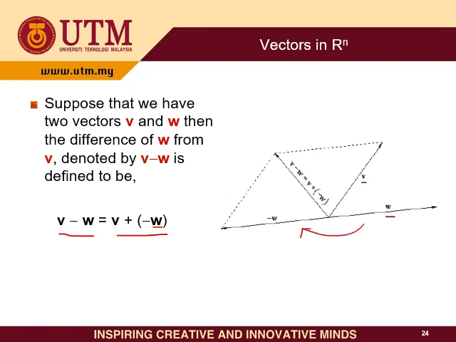The opposite of w. So this is our negative w. So v plus negative w. This is our parallel line for v. This is our parallel line for negative w. So this is the line. So v minus w equals v plus negative w.